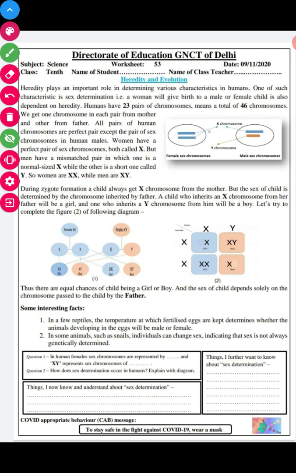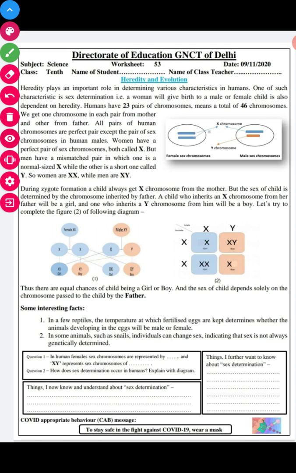We get one chromosome in each pair from the mother and one from the father. All pairs of human beings are perfect pairs except the pair of sex chromosomes in human males. All chromosomes are almost the same, but in case of males, one sex chromosome is smaller than the other one.